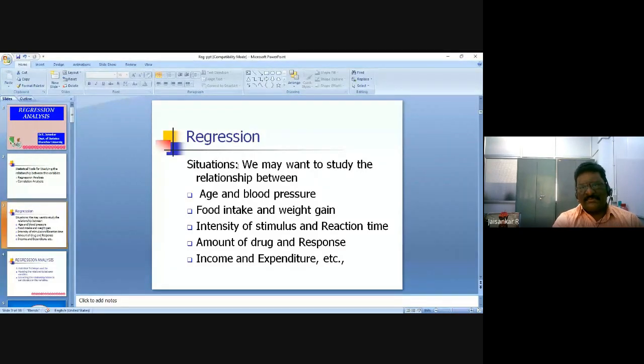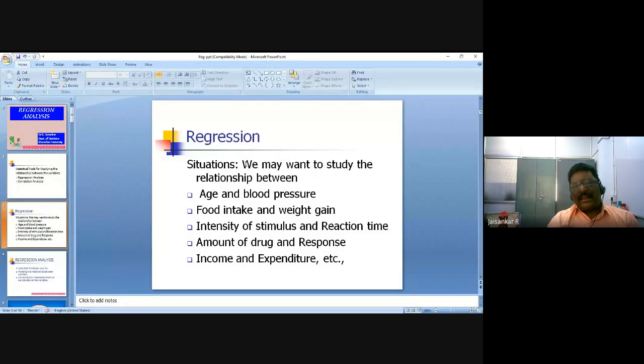I told you that in correlation we measure the strength of relationship between two or more variables. That we call correlation. We don't know how they are related, in what way they are related.